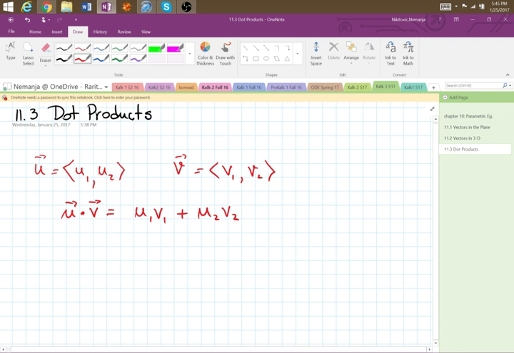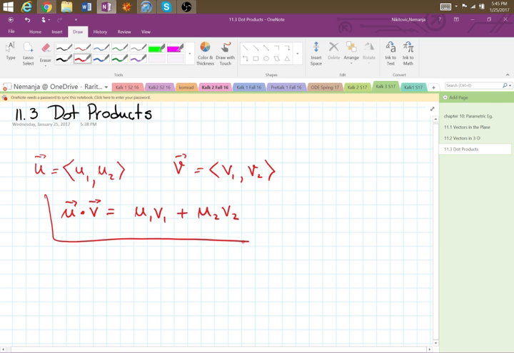And that is equal a number. So that would be the formula.